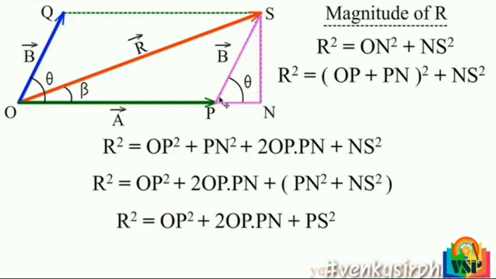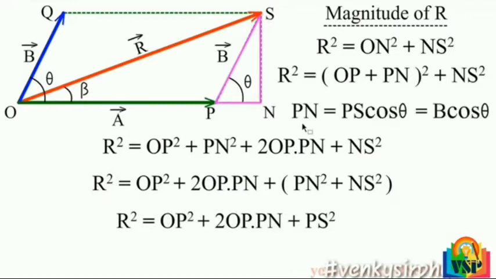From that, R square is equal to OP square plus 2 OP PN plus PS square. PN is equal to PS cos theta, which is equal to B cos theta.